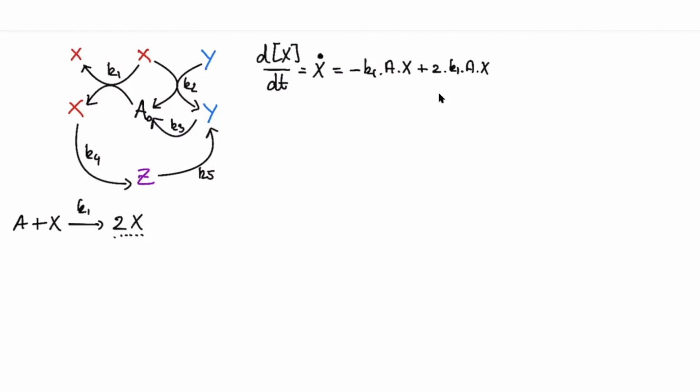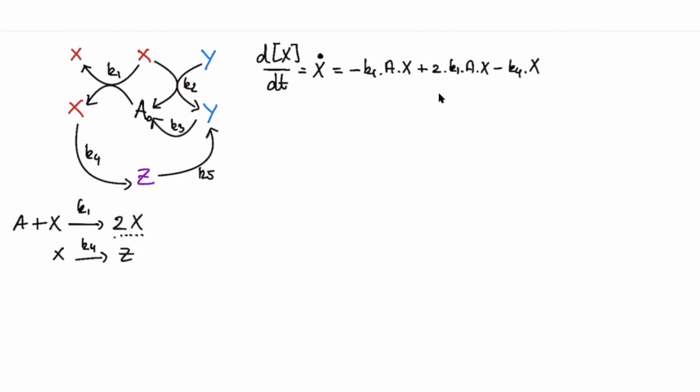You can also see at the bottom, x goes to z with K4, so x is disappearing, so we say minus K4 times x. Okay, that's important.